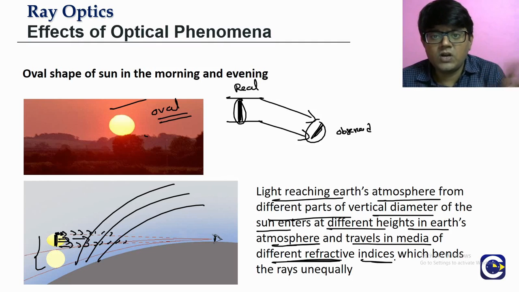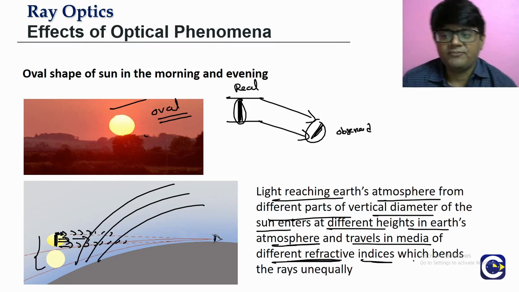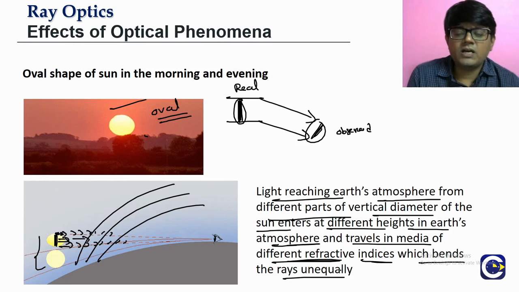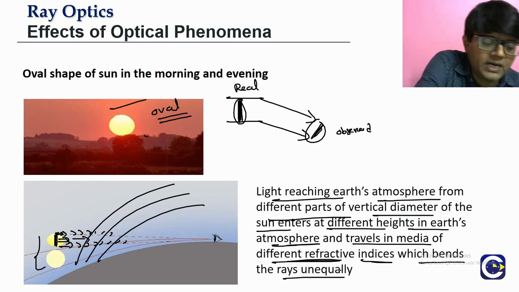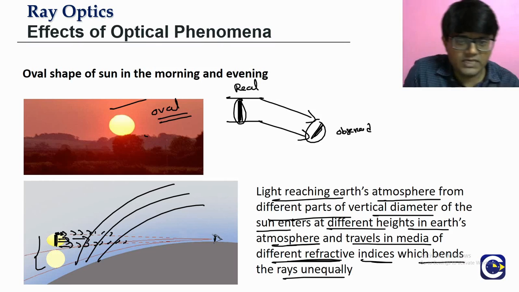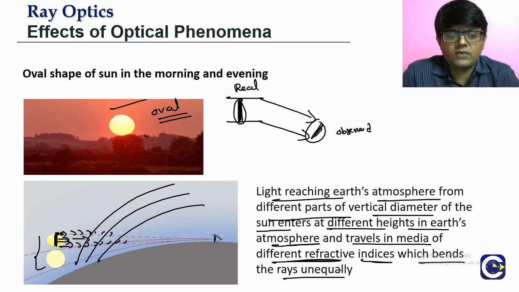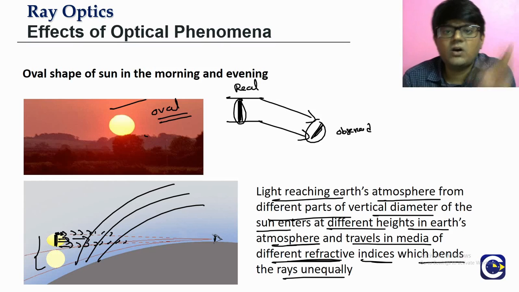They all will not have identical paths. Because they travel through different paths, their bending will not be equal, it will be unequal bending. As a result, we see the flattening of the sun, which happens both during the early morning as well as the evening when the sun is at the horizon.